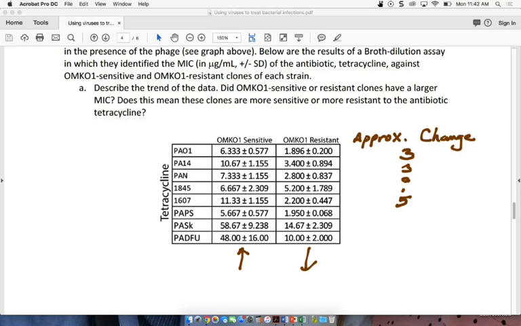Come on. What's the receptor it binds to? This phage is binding to what bacterial protein for the attachment step? Not the ribosome. The efflux pump.